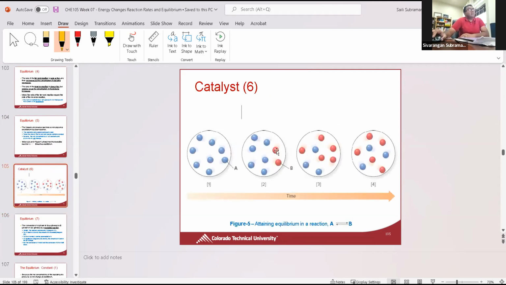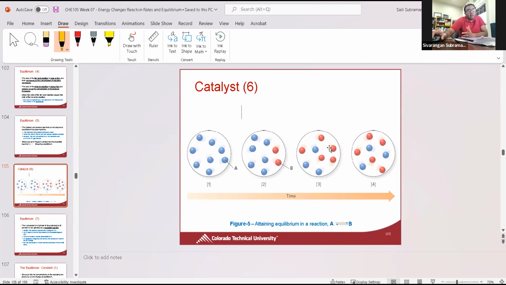So this is a molecular graph here. The reaction is basically A going to B. You see these blue spheres, 1, 2, 3, 4, 5, 6, 7, 8. The red is the product, which is the B, right? So here you have 6 blue and 2 red, and then you eventually reach 3 blue and 5 red.